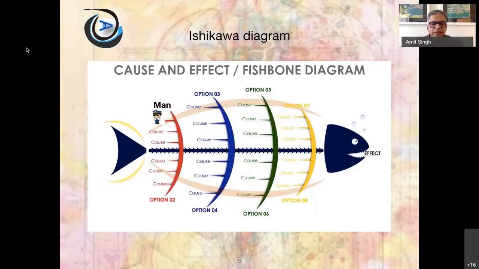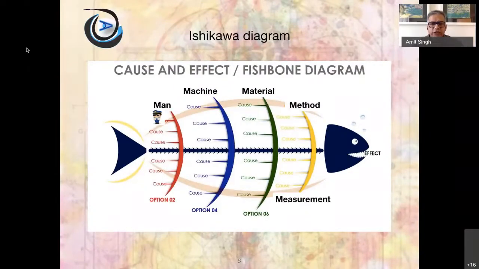So one of the factors is man. Man could be the pilot or any number of persons in the chain. Could be a dispatcher, a loader. So you have to list out basically how many people were involved in this chain of errors. Then you have the machine, of course, the technology, the material, the method, and the measurement.